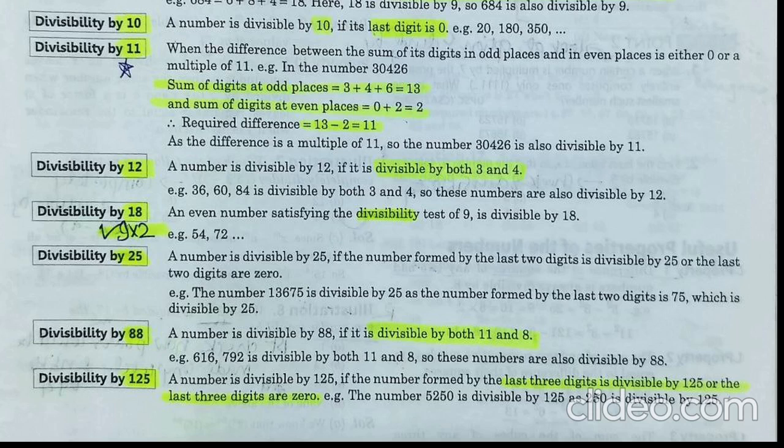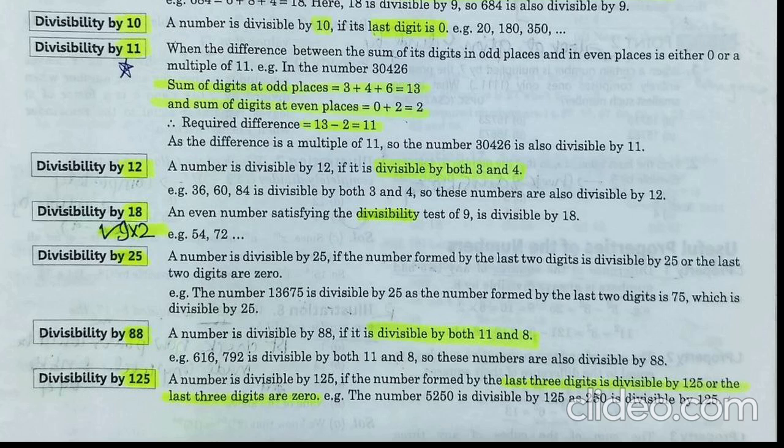What you just need to do is add the odd places digits and add the even places digits. So what are the odd places digits? Take from right to left. 6 is the first place digit, then the third place digit is 4, then the fifth place digit is 3.